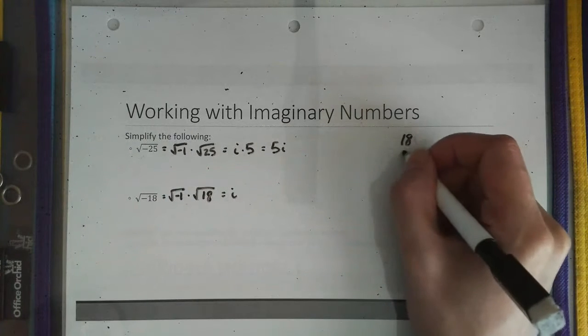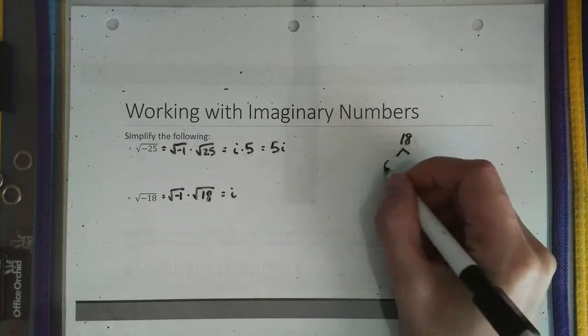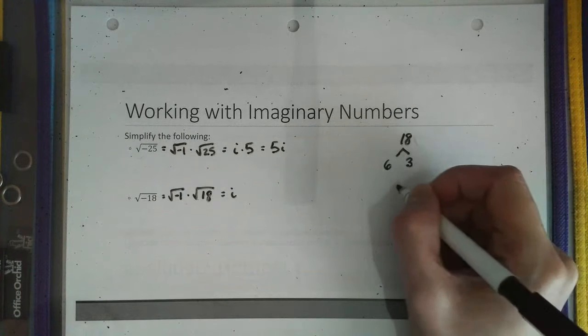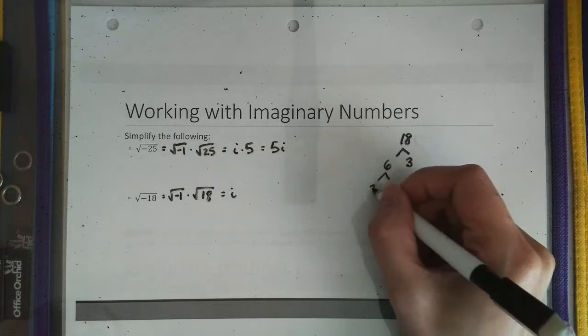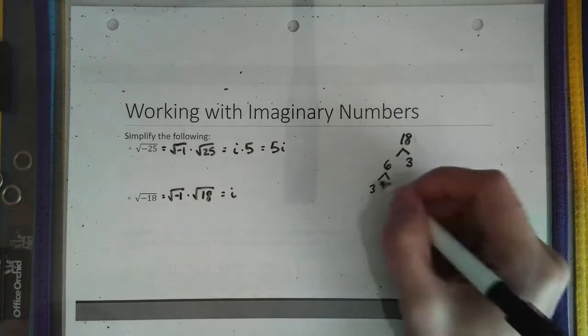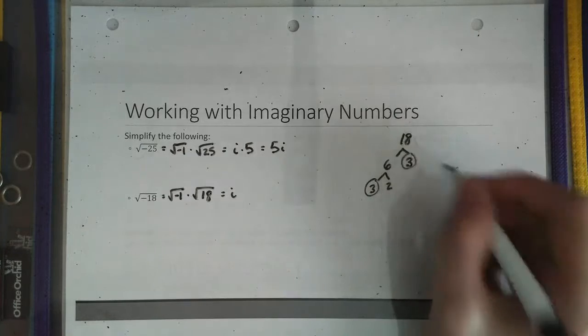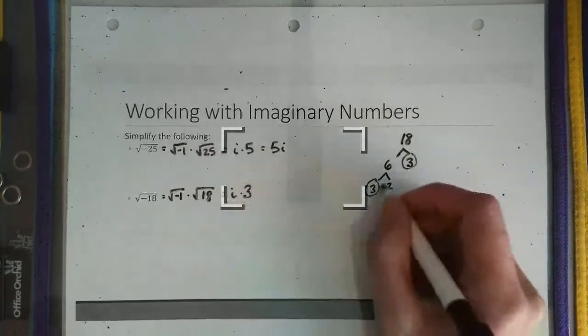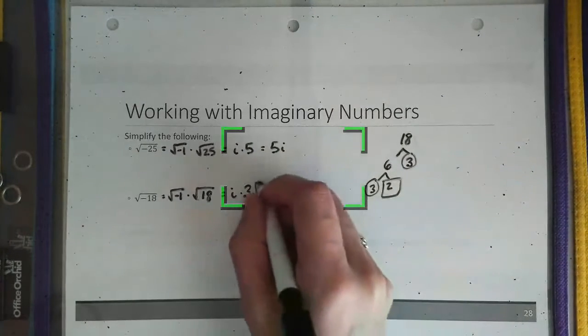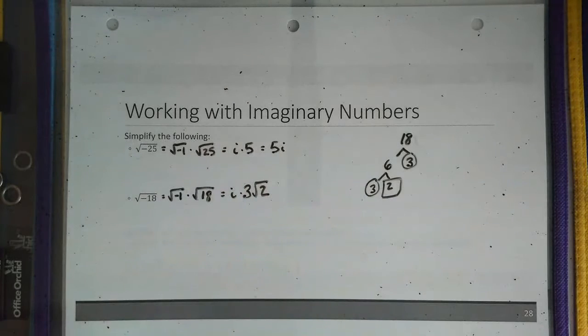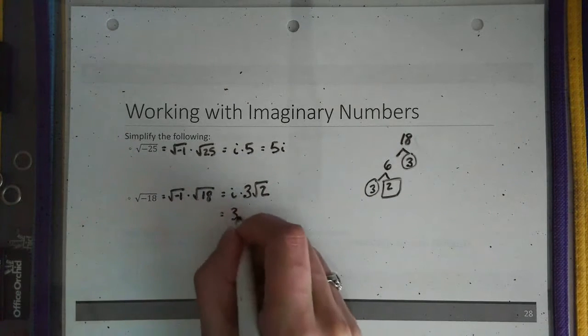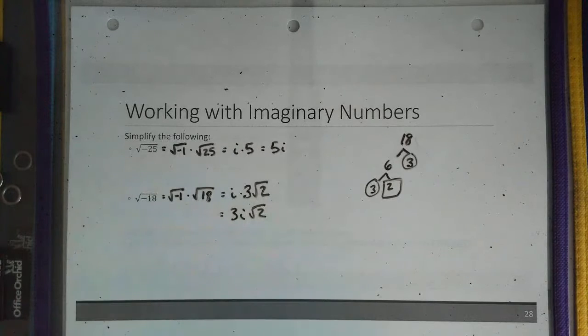I'm going to take 18 and break it down to its prime factors. 18 is 6 times 3, and 6 is 3 times 2. The 3's pair up, so they get to come out front. The 2 doesn't pair up, so it stays under the radical. So I get i times 3 times the square root of 2, which I would write as 3i times the square root of 2.